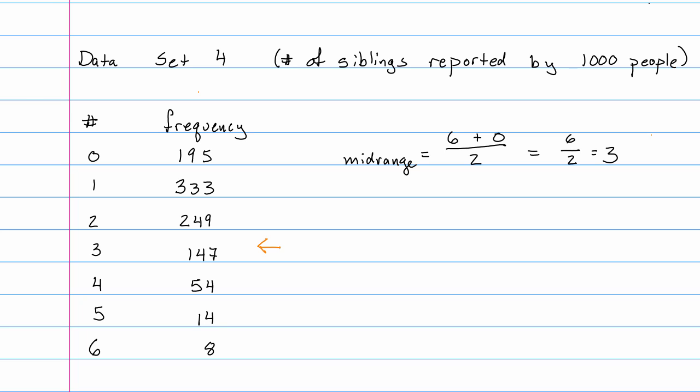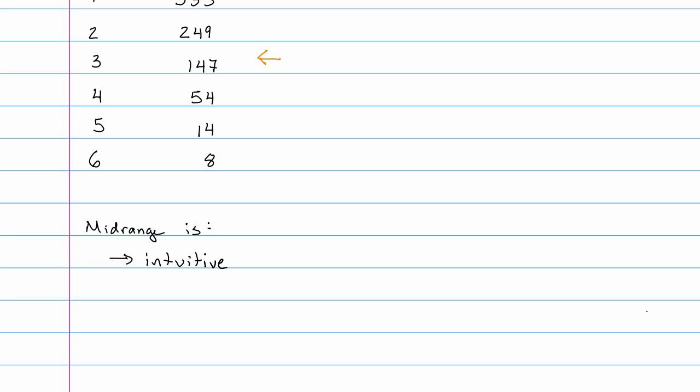So, what is this saying? The midrange is a good first measure of center. It's intuitive, it's easy to look and see how that really is the middle value. It's easy to calculate, even for our really big data set. But on the other hand, it ignores most of the data.